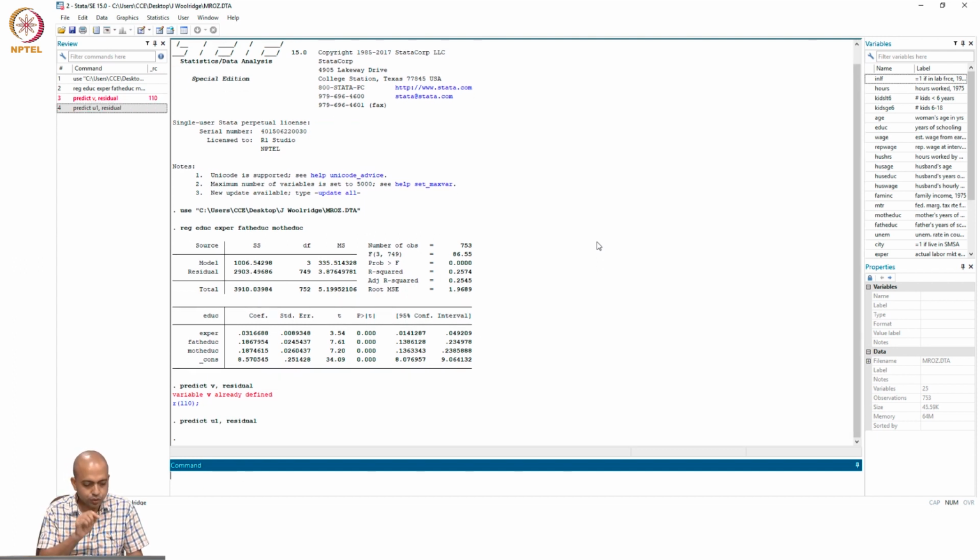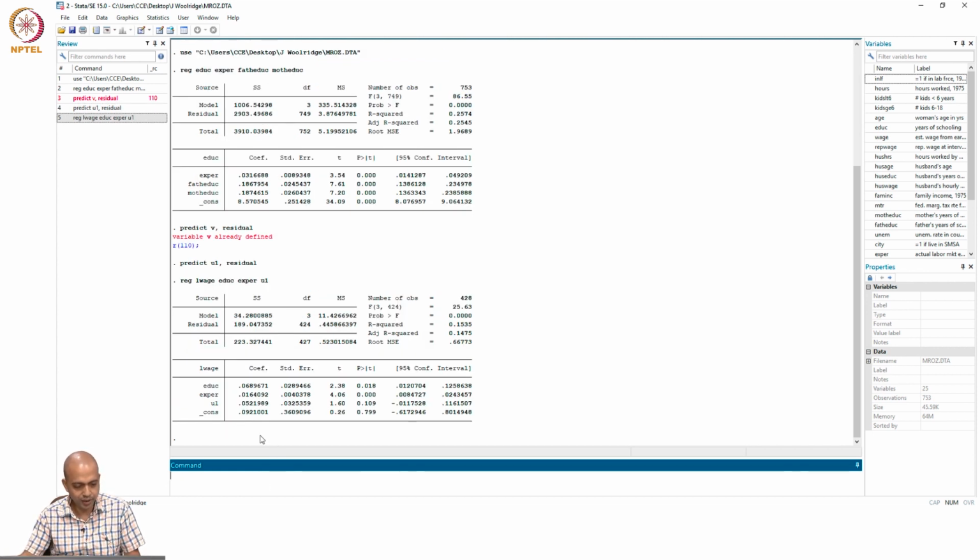Then we regress log wage on education, experience and this predicted error term.